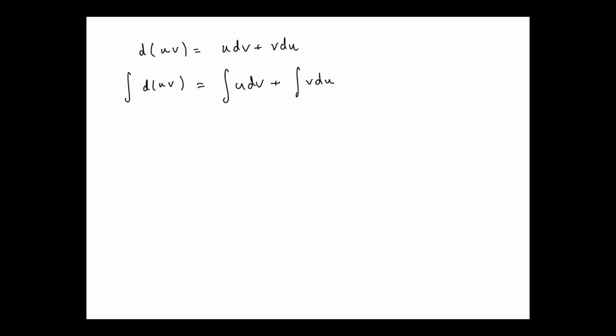I don't know. That's the whole problem. But what about the left-hand side of this equation? What's the integral of d(uv)? It's uv, right? An integral and a derivative sort of cancel each other out, and I am blowing off the plus C here, but you guys will forgive me.